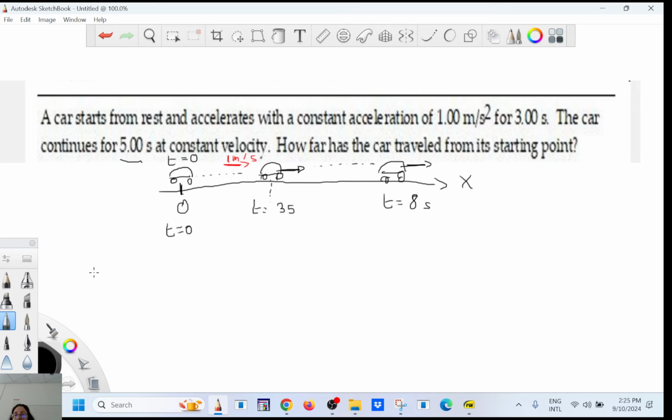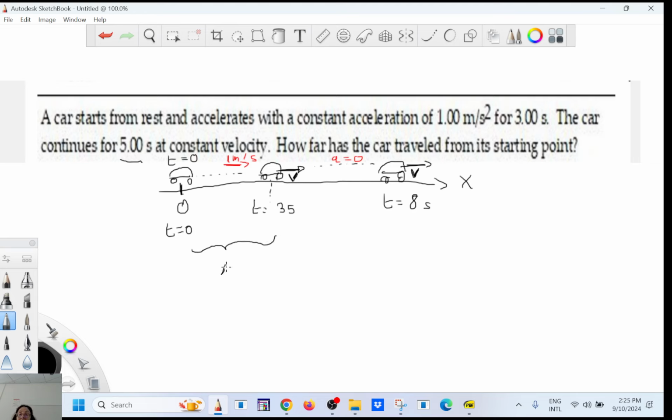Oh, and here, acceleration is 0. Okay, and velocity here, I'm going to call that V, and here it has the same velocity. So here we have a constant velocity, and here we have an increasing velocity.